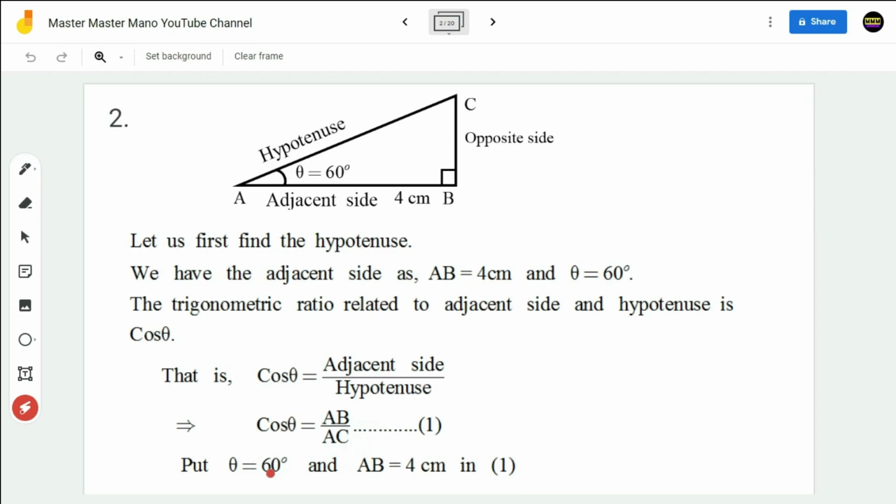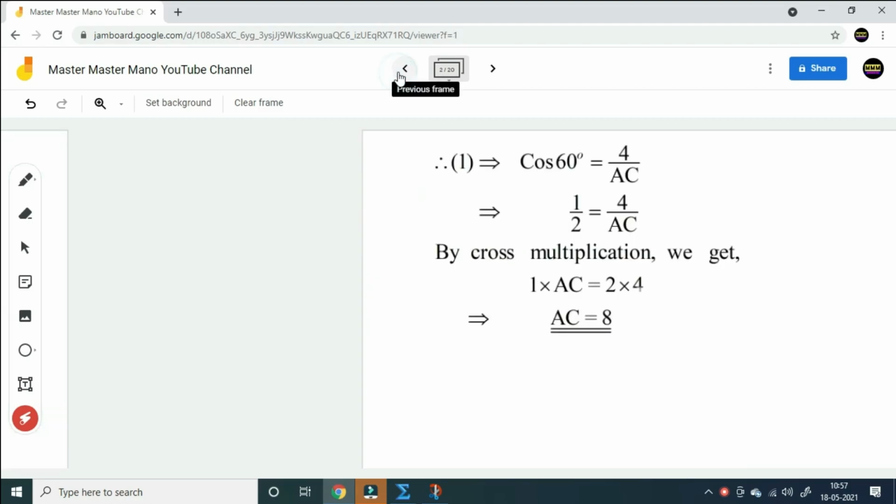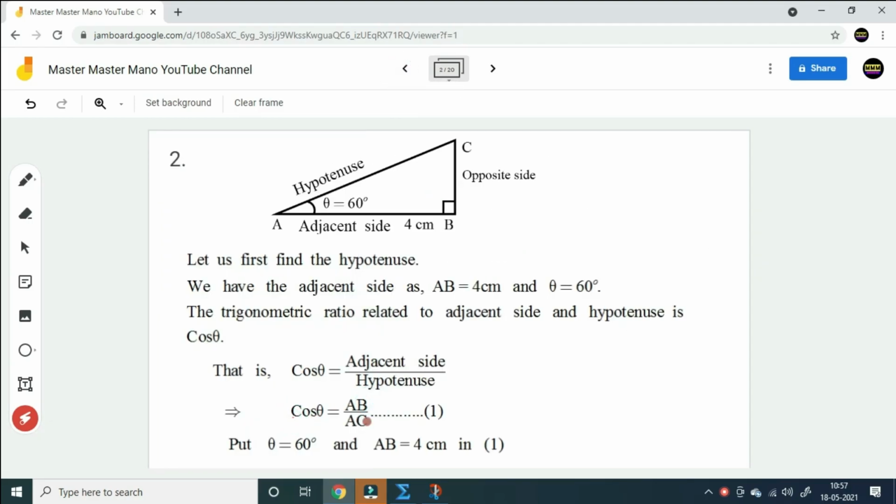Put theta equal to 60 degree and AB equal to 4 centimeter in the first equation. Therefore, the first equation becomes cos 60 degree equal to 4 by AC, because cos theta equal to AB by AC, and we substitute the theta value as 60 degree and AB as 4.